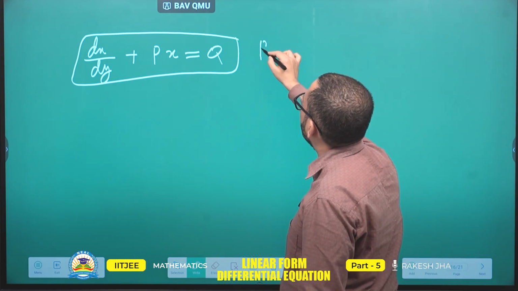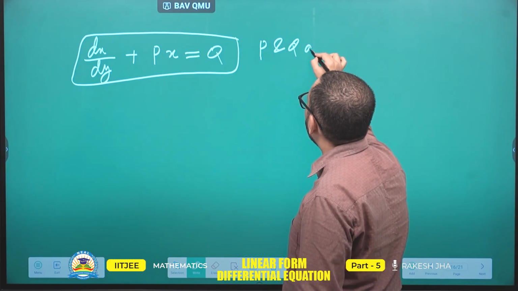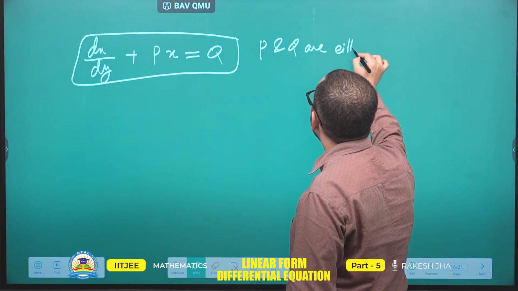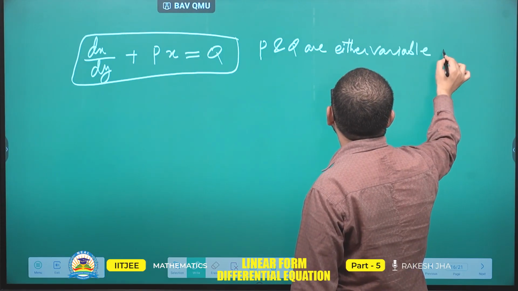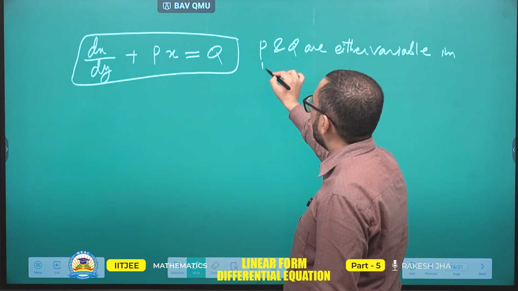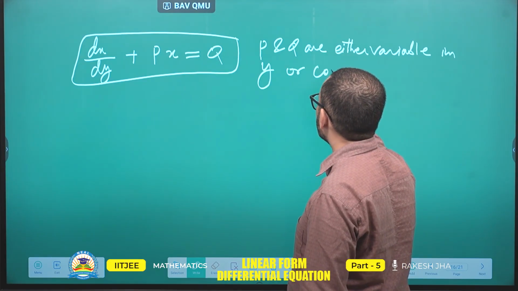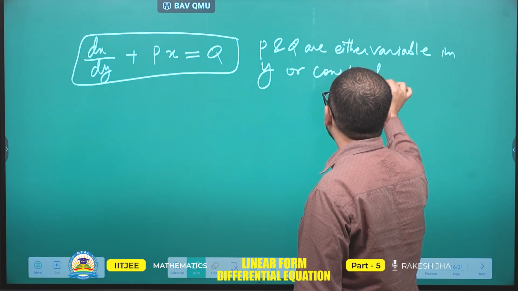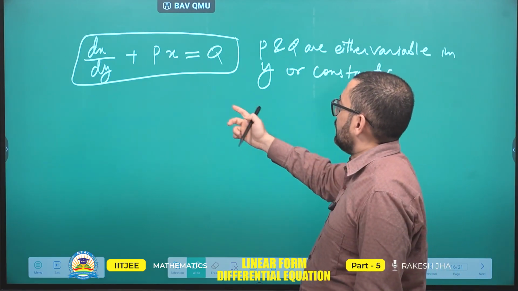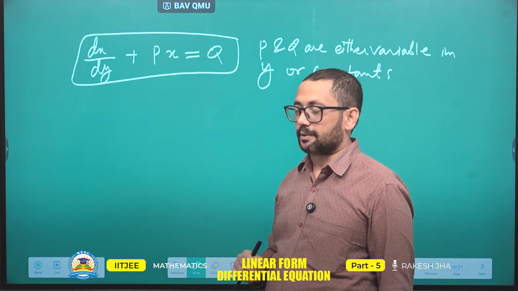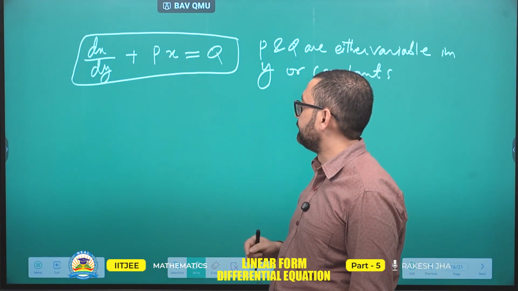So p and q are either variables in y or constants. Now again we have to see here that x must be in the numerator, it must not be in the denominator.